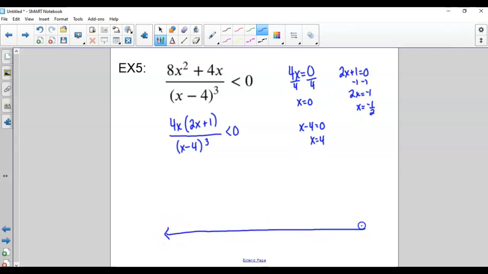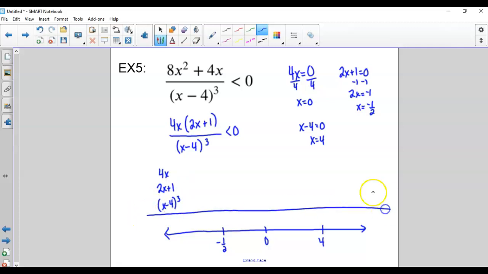So I'm going to put that on my number line, making sure that I put my lowest value first and then move to my higher values. And then I'm going to list everything over here. So I've got 4x, I've got 2x plus 1, and I've got x minus 4 to the third power.